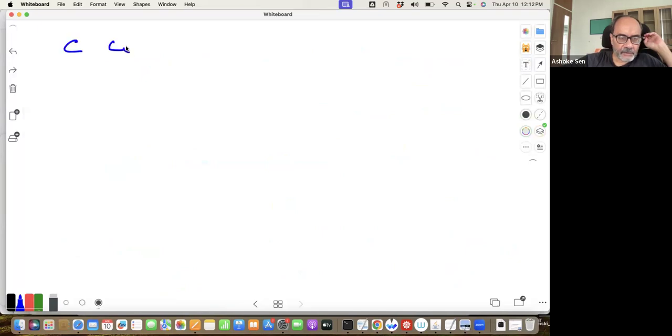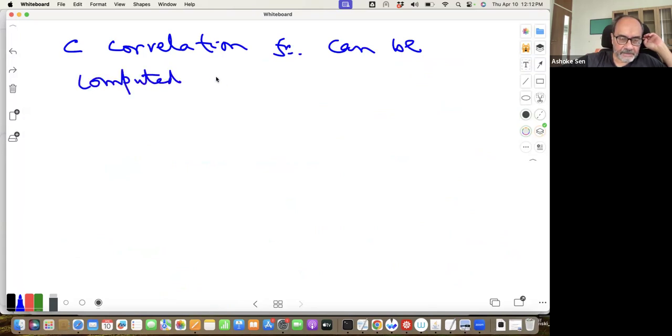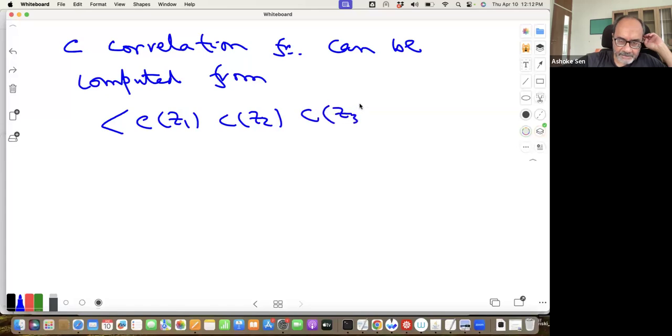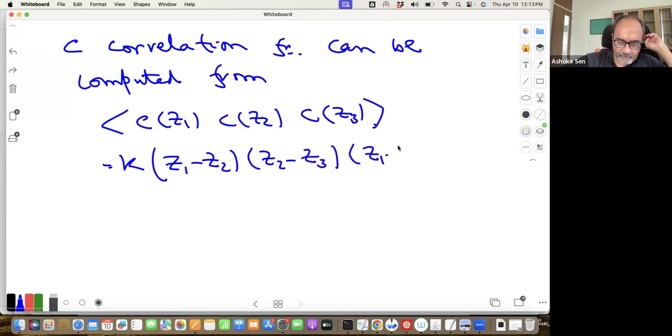These ones you can calculate. So the c correlation function can be computed from ⟨c(z1) c(z2) c(z3)⟩ equal to K times the product of the differences.